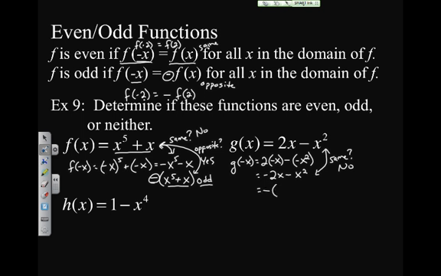We factor out a negative. So that would give us 2x plus x squared. So are they opposites? And, whoops, I forgot my parentheses. And again, the answer is no, because this one has a positive and this one has a negative. So the answer is they are not opposites. So they're not the same, and they're not opposites. So this one is not even or odd. It's neither.